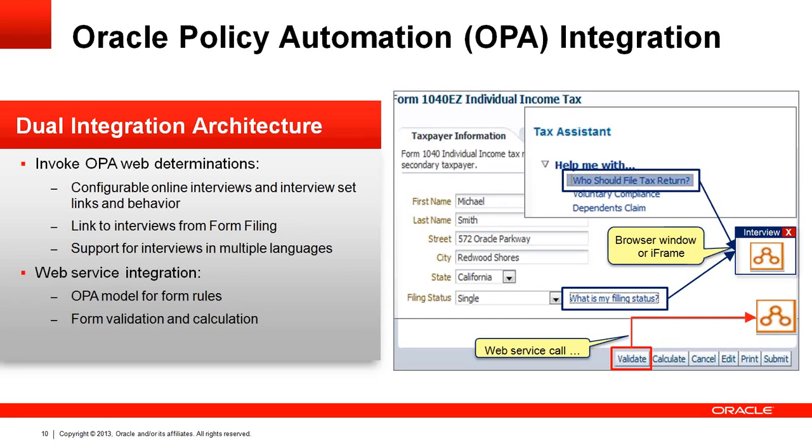Another form of integration we have with OPA is web service integration. This is used for forms processing. When a user fills in a form, there is an option to configure a rule in OPA, plus some additional configuration that's required. The rule can validate the form data before the form is submitted to the backend system.